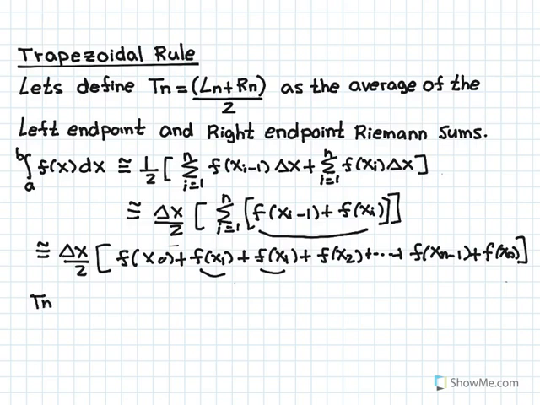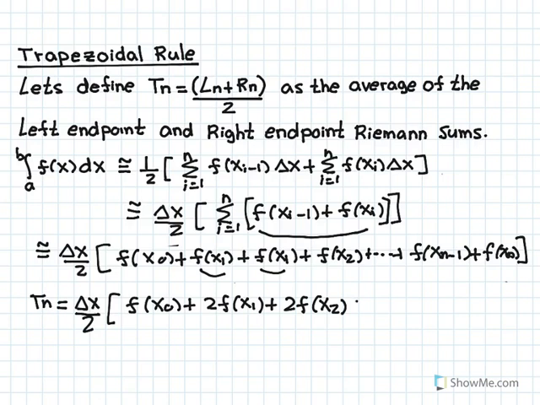Tn, the trapezoidal approximation with n intervals, is delta x over 2, divided by 2 because we're averaging the left-hand and right-hand rules, times f of x0 plus 2f of x1 plus 2f of x2 plus all the way to 2f of x n minus 1 plus f of x n.